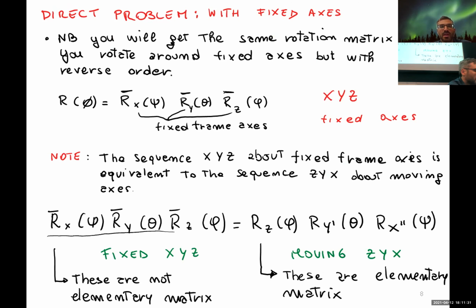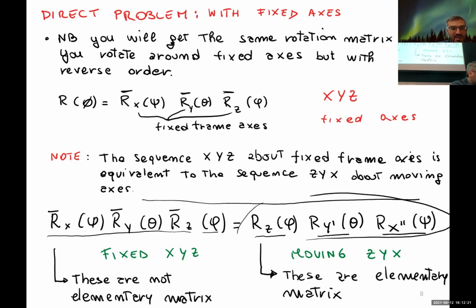We use moving axes because they are much simpler to compute and also more intuitive to think about. If I need to define the orientation on an inclined wall or a ramp for my robot, I think about roll, pitch, inclination. It is much easier than thinking about fixed axes. But just remember that there is an equivalence between the two, just shifting the order. So these two will give the same results. This is about the moving axis, that is about the fixed axis.